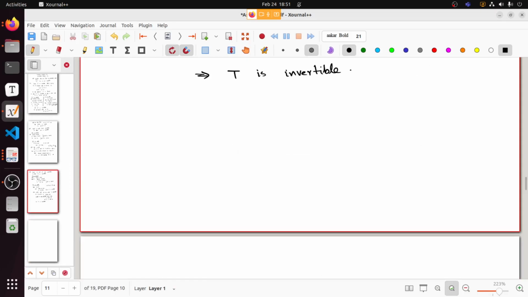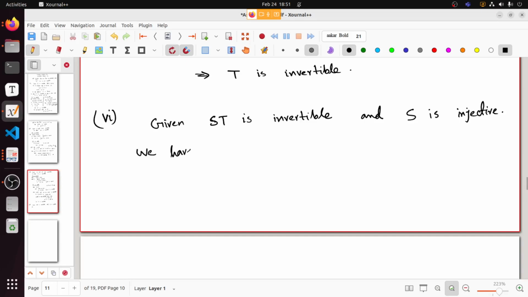So this is option number 6. Given ST is invertible and S is injective, we have to prove S and T are invertible.